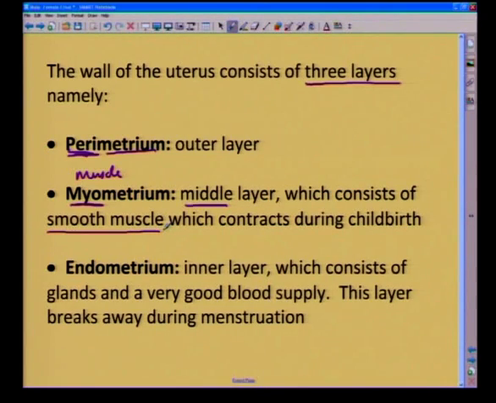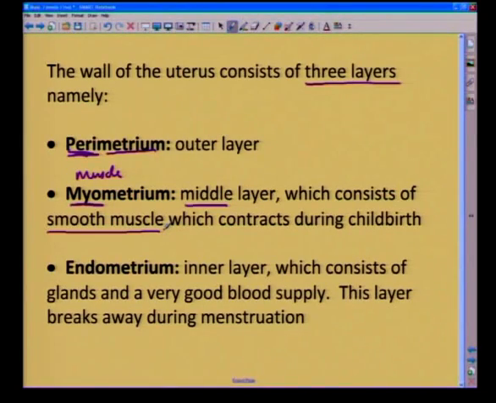Now, you've done the different types of muscle tissue. Come on, do you remember? Smooth muscle makes up your organs. It's not controlled by the will. It is not like skeletal muscles where you control what you want to do. Smooth muscle cannot be controlled. Mainly organs and glands are made of smooth muscle, which contracts during childbirth.